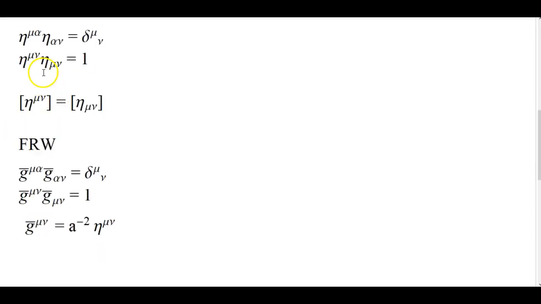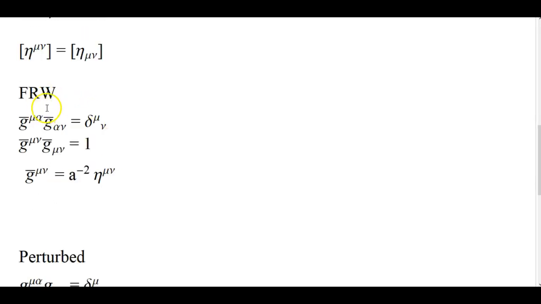So you have in the Minkowski metric -1 1 1 1. When you take reciprocal, you again get -1 1 1 1. Here in FRW you have a square -1 1 1, and when you take reciprocal you get the diagonal matrix 1 over a square -1 1 1.